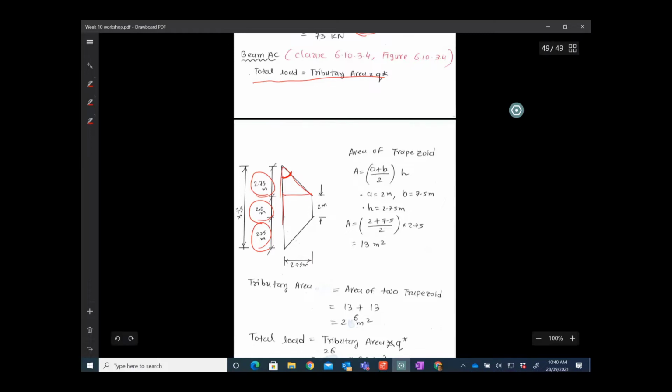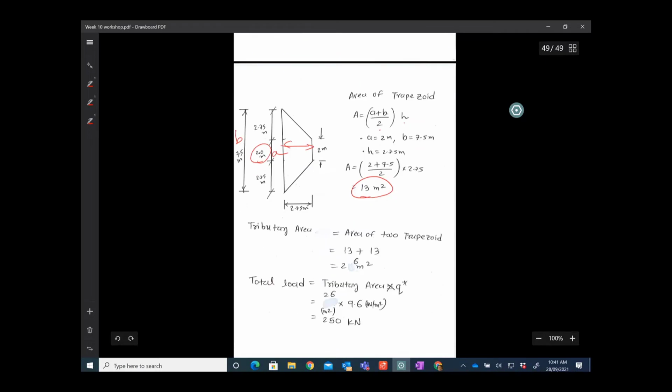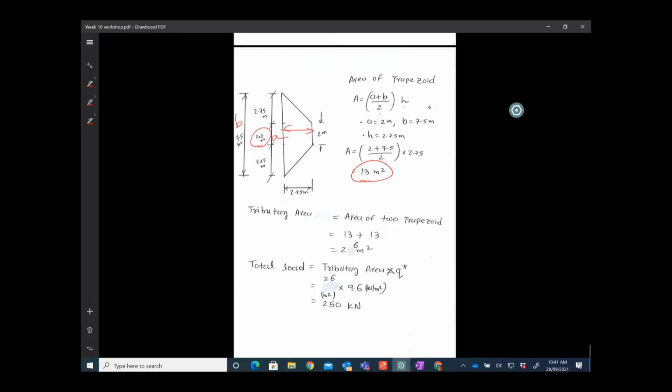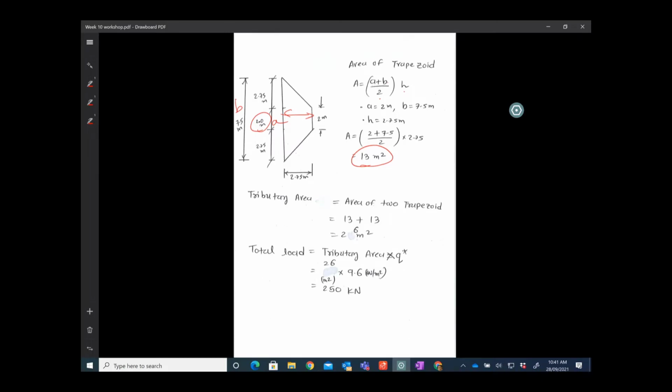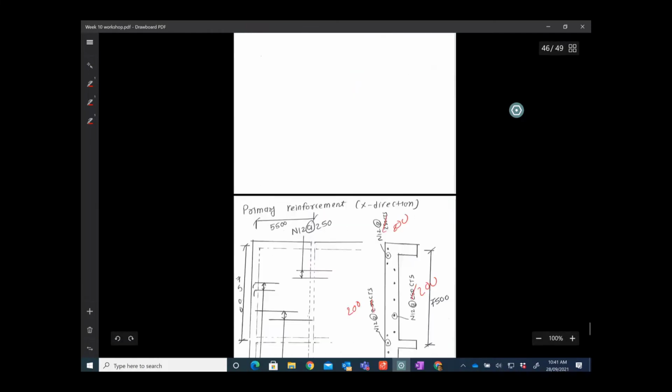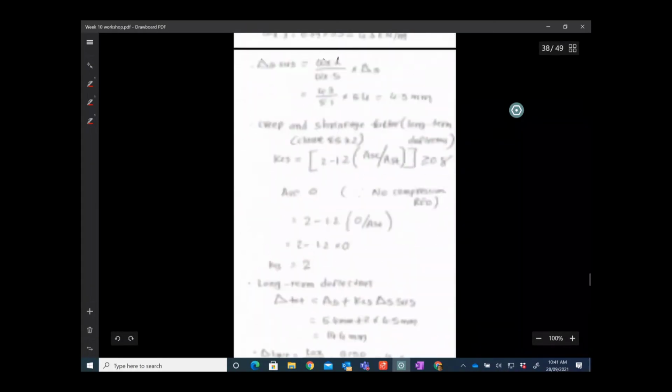Now the area of the trapezoidal is (A plus B) over 2 times H. Your A is 2 meters. B is 7.5, that is your whole B. And H is 2.75, from here to here. If you plug in, you get an area of 13 meters square, and you have two trapezoidals, so you have 26 meters square, and you again multiply, you get 250 kilonewtons load coming onto that beam. So I think that's it in a nutshell.